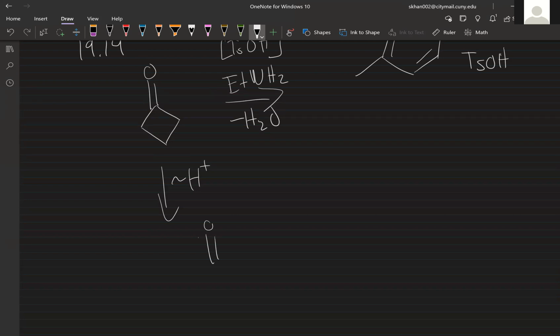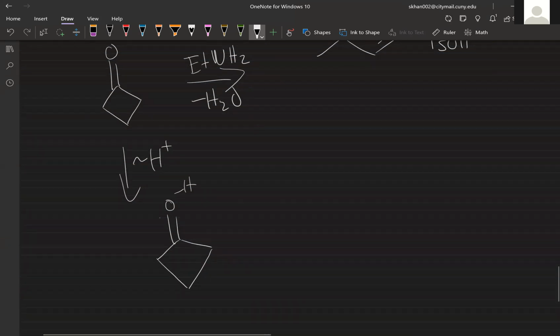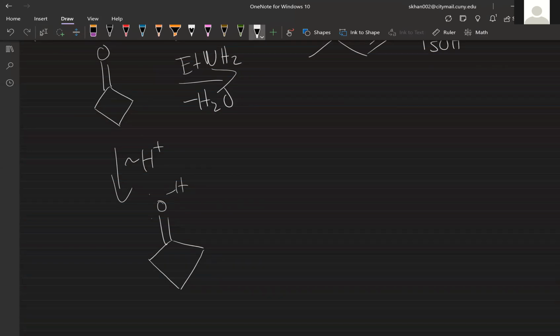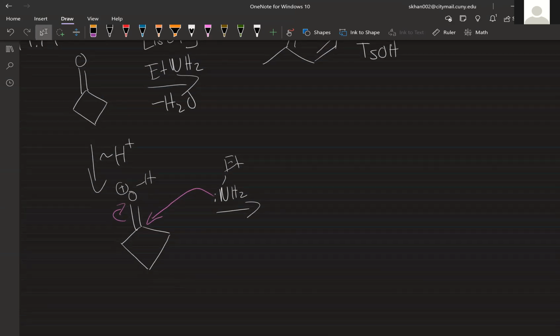So anyways, let's protonate that OH. Get our baseball diamond there. Plus sign. Okay, now you have your nucleophile. Let's do Et here. We'll do H2. Nucleophilic attack. And then boom, you get your carbinolamine, whatever you want to call it.